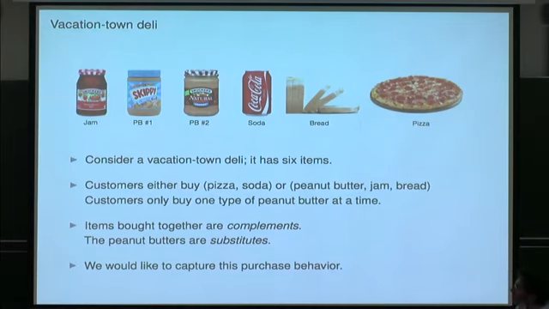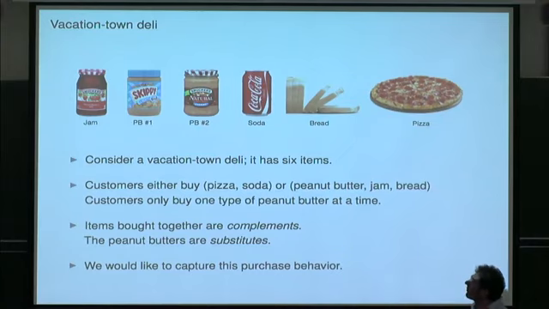So the 6 items are jam, Skippy peanut butter, Smucker's natural peanut butter, soda, in this case it's Coke, sliced bread, and pizza. Customers that walk into this deli, they do one of two things. They buy pizza and soda, or they buy peanut butter, jam, and bread. Okay? But the nuance is that they're only going to buy one type of peanut butter, right? Peter might buy Smucker's, Carrie might buy Skippy.